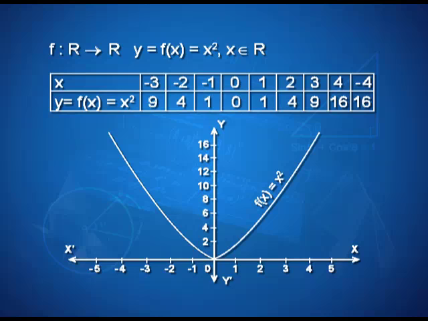For example, for minus 3, x square is 9, for minus 2 it is 4, for minus 1 it is 1, for 0 it is 0, and for 1 it is 1, and so on for positive integers. On the graph you can see how the graph of f of x is equal to x square looks like. This is your x axis here and this is the y axis.